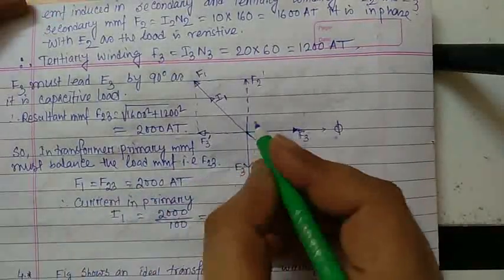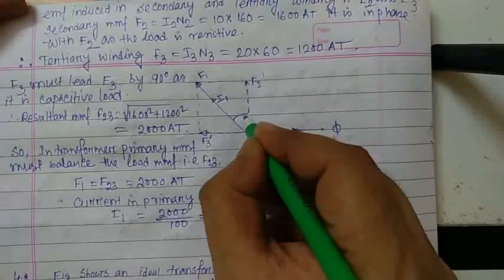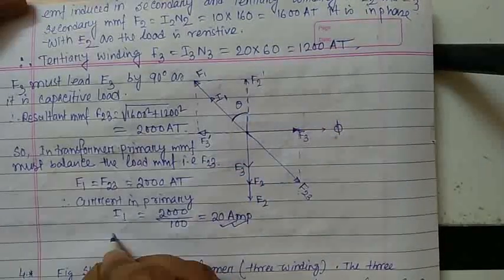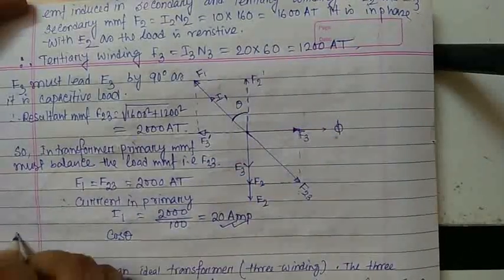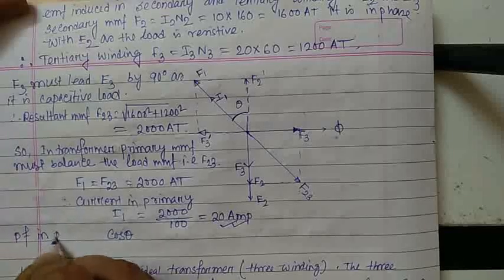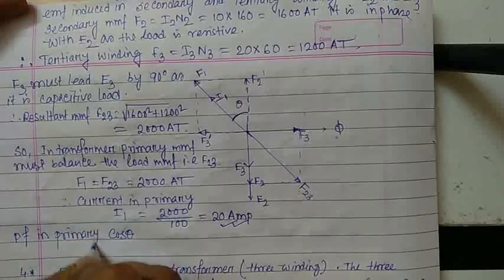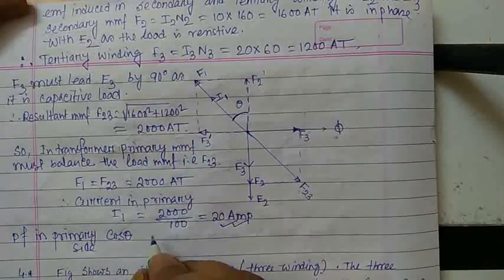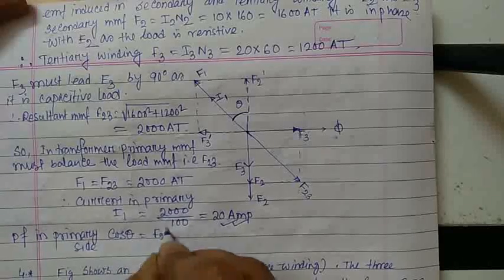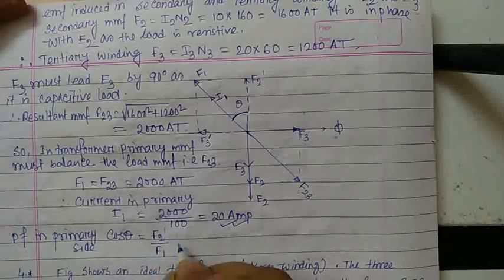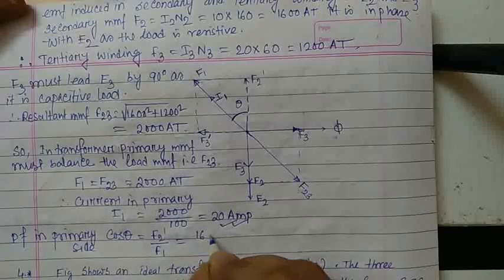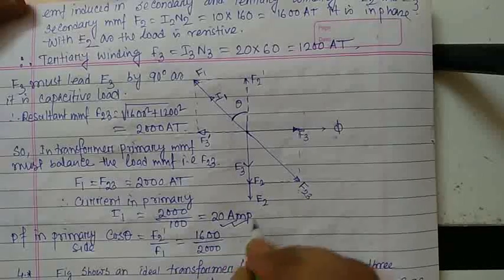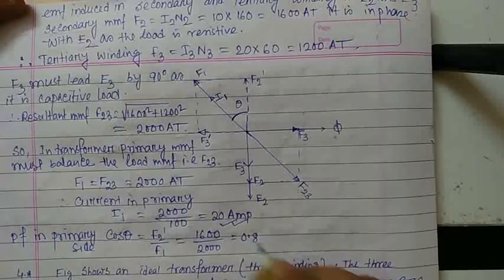Now what is the power factor? This is the theta angle. So cos theta, that is the power factor on the primary side, from this figure we simply write that cos theta is nothing but F2 by F1, so that is 1600 divided by 2000, so that should be 0.8 leading.